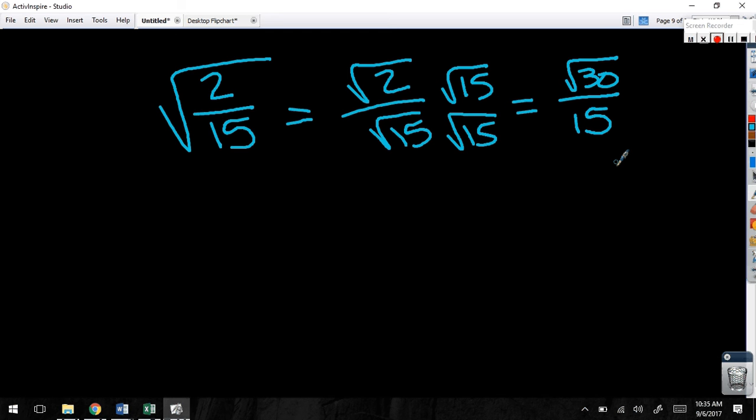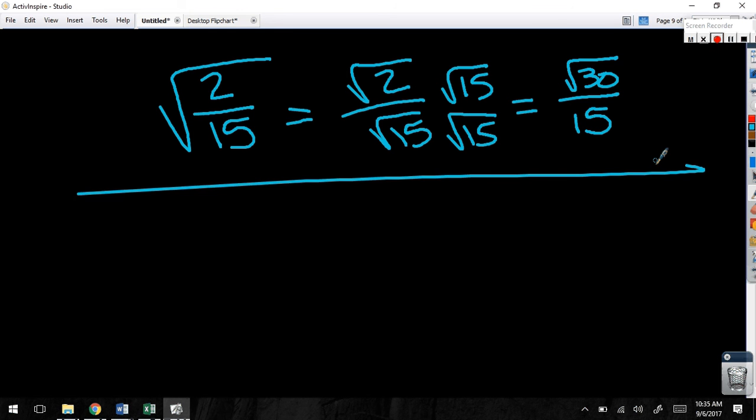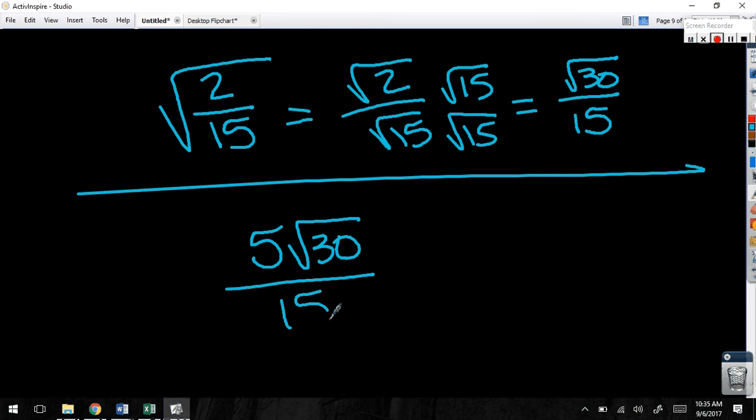Listen, because she asked a good question. Let's say I ended up with 5 times the square root of 30 over 15, just a random problem. Look at what's outside of the radicals, what doesn't have a radical on it. Those I can simplify.